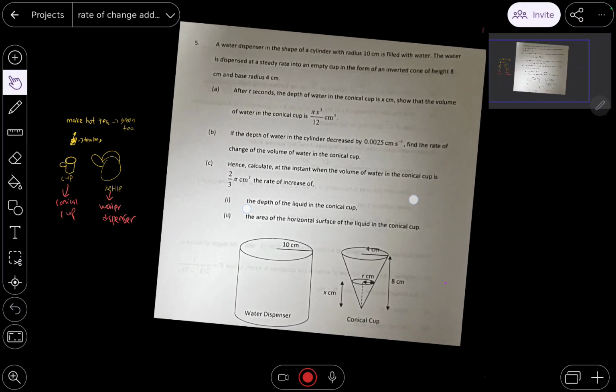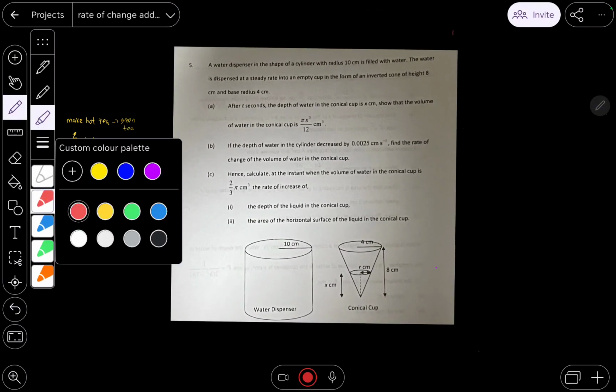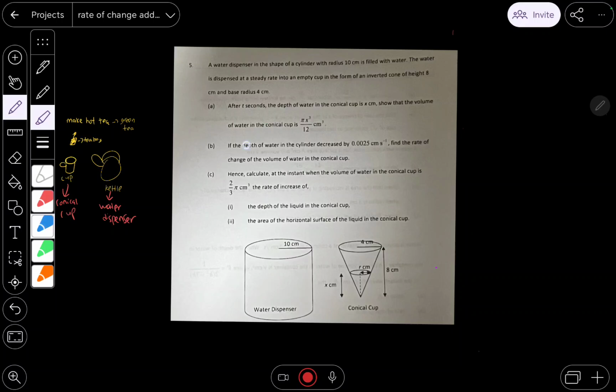Alright, so look at the question stem again. Part B, what they're asking you. If the depth of water in the cylinder decreases, you might wonder, hey, why did you change color? I will tell you why later. Read the question first.